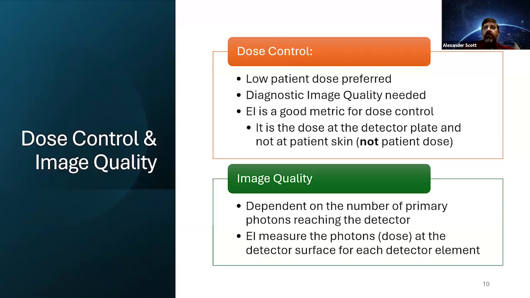So when I say that the image quality is dependent on the detector, it's set by the contrast, which is the difference in X-ray photons reaching each pixel of the detector. So as I showed at the very beginning, certain pixels feed into the calculation of the exposure index. So the EI is a measurement of the number of photons or dose that arrives at each detector element that are then incorporated into the calculation.